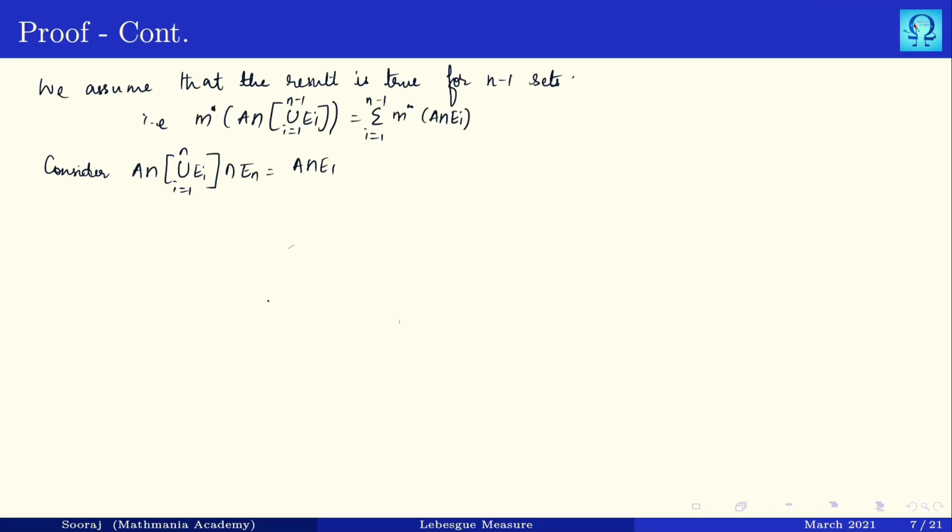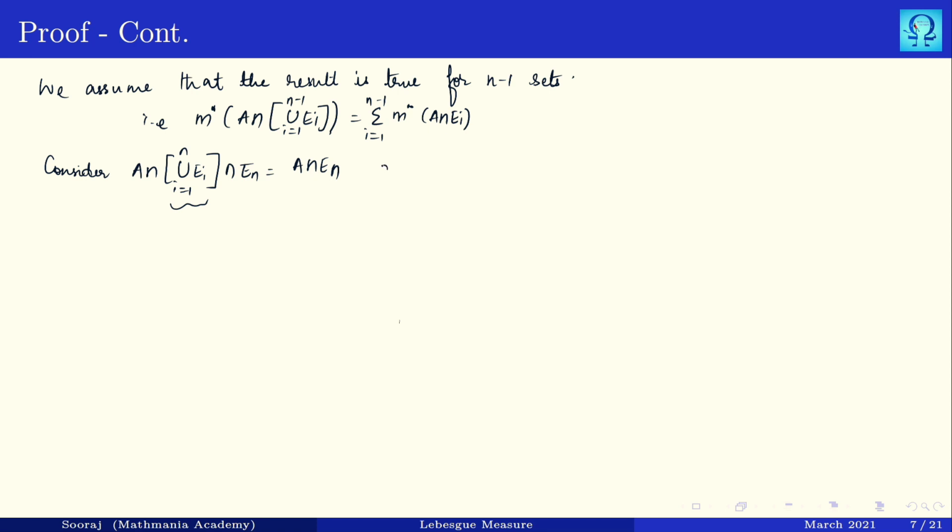So the sets inside this union are all disjoint. When you make an intersection of this quantity with only one set, I would be left with only the particular set along with which I take the intersection. So this is going to be A intersection En.